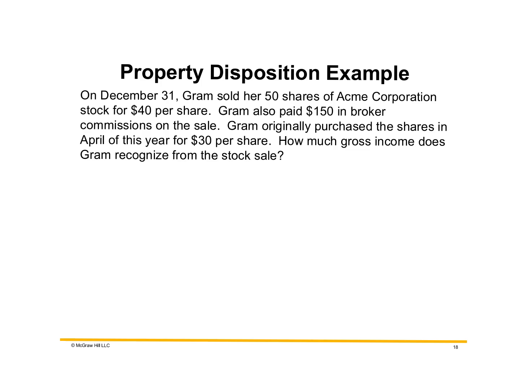How much gross income does Graham recognize from the stock sale? So I'm going to highlight this here so we have our question that we're trying to answer. How much gross income should we recognize?